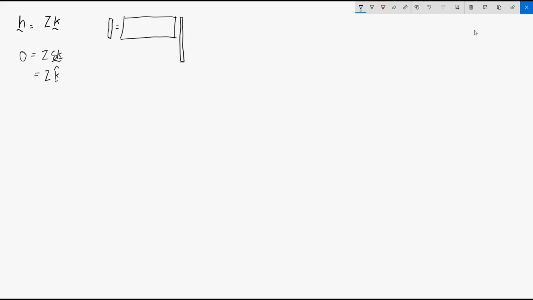If that's the case, by definition Zk hat equals h. Now let me add these two equations together. I obtain h equals Z (k hat plus delta k).